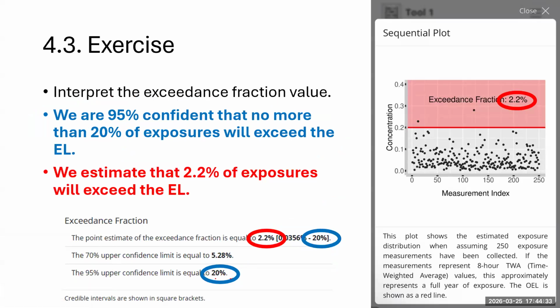So I don't remember what the other results were that were associated with this output, but I would still share the category and the probability that our 95% UTL is greater than our OEL.